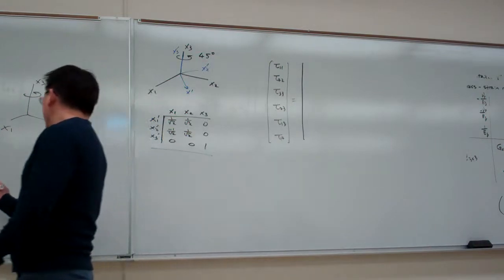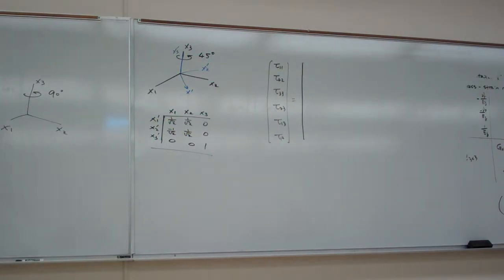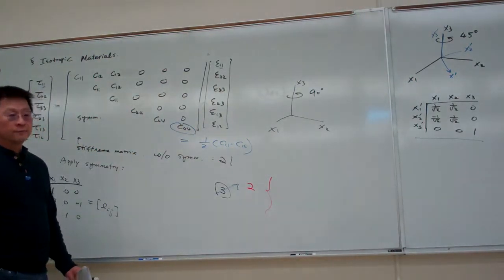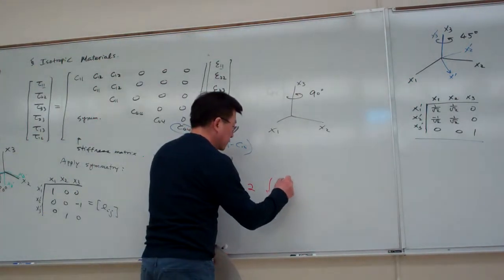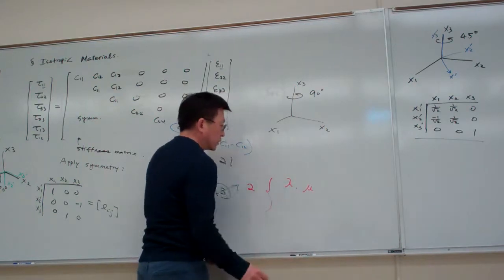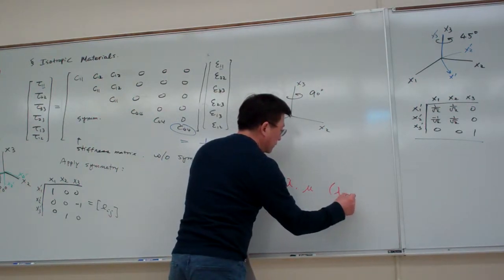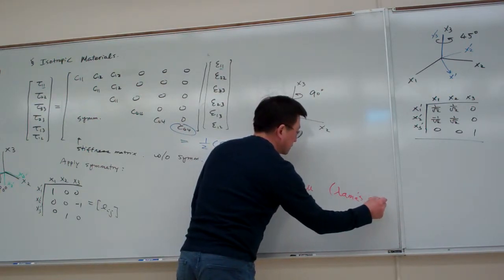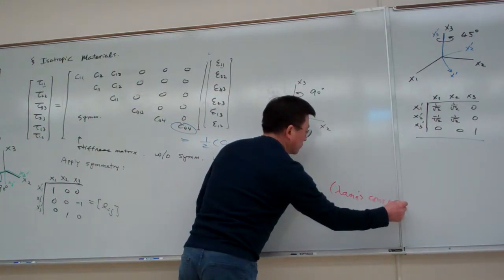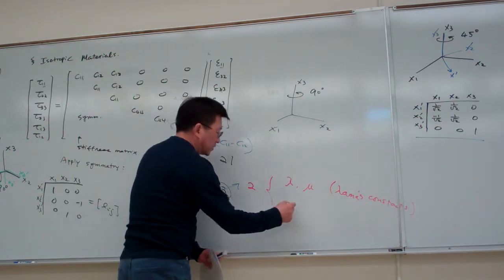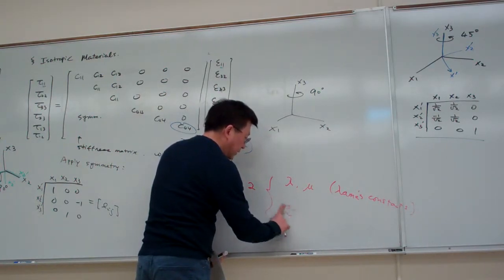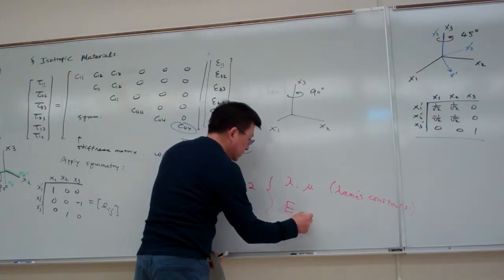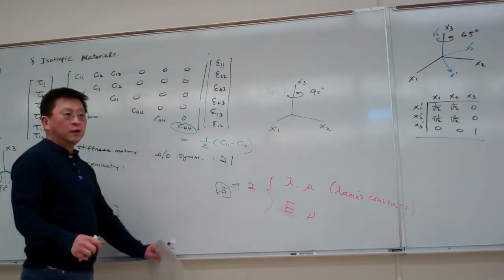So here we only have 2 independent elastic constants. In traditional elasticity, people like to use lambda and mu, and they call them the Lamé constants. And on the other side, using engineering notation, people like to use Young's modulus and Poisson ratio.